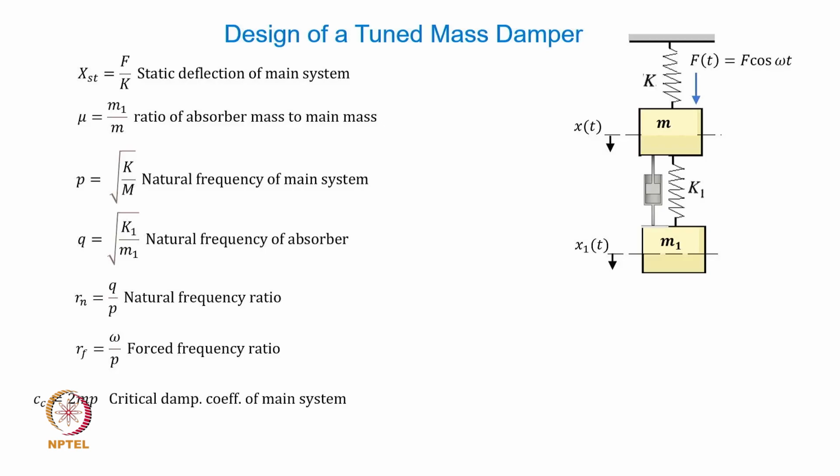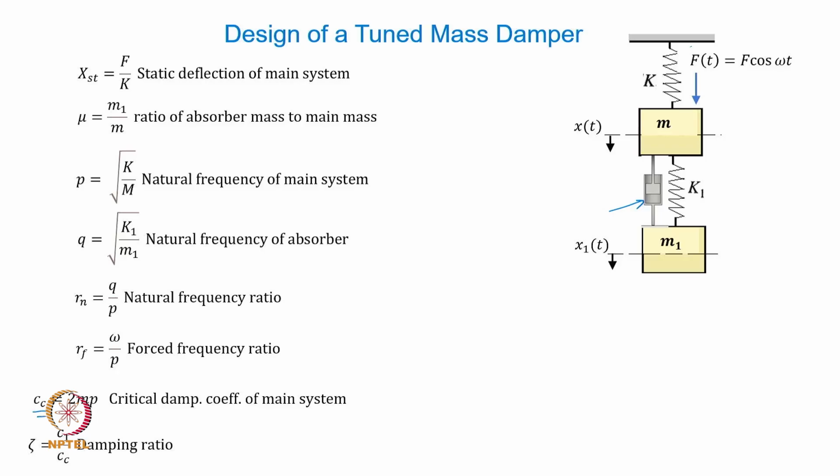Then we assume that Cc represents the critical damping coefficient of the main system. So Cc is defined with respect to the main system, and the damping ratio here would be the damping coefficient of the absorber here, normalized with respect to Cc.